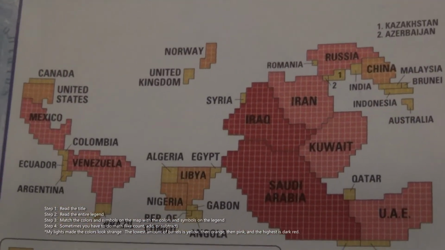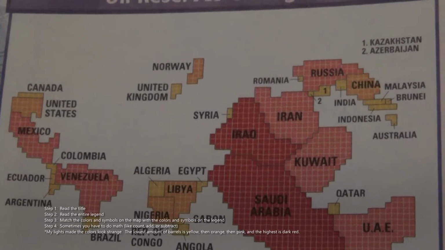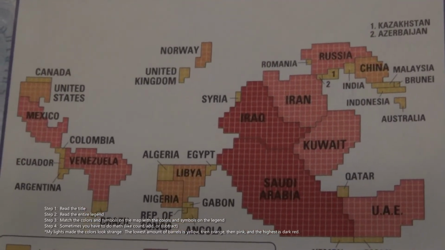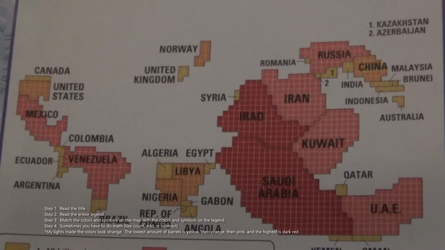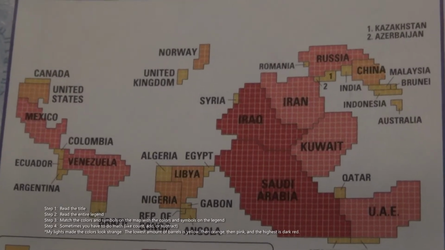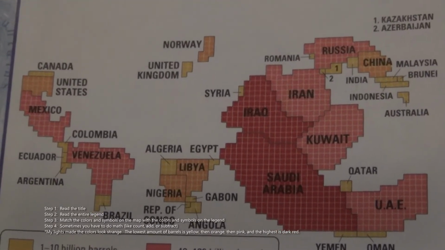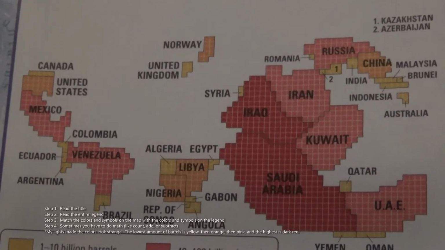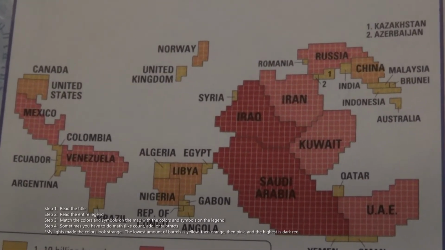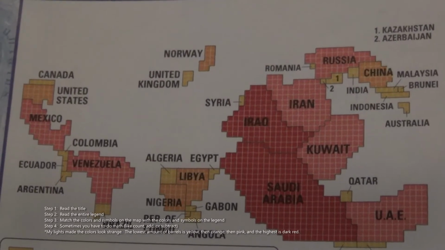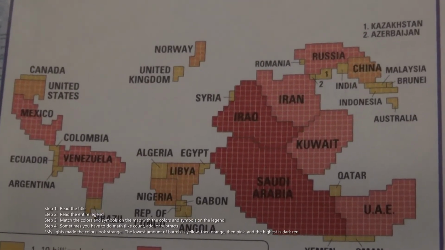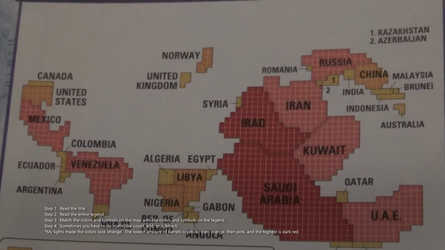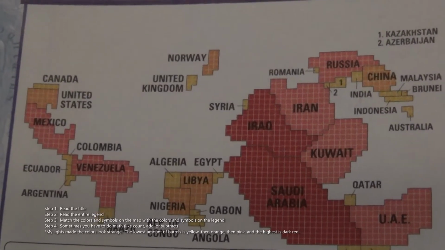Okay, so we are going to try a question now. My question is, how many barrels of oil in reserve does the United Kingdom have? So, you've already read the title, you've already read the legend. Now we find the United Kingdom.